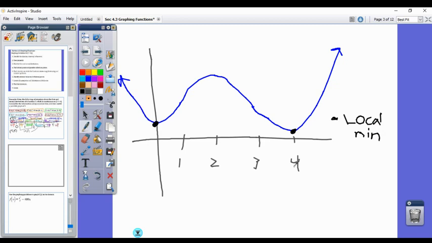We had a local max at 2. Okay. Our inflection points happened at 1 and 3.